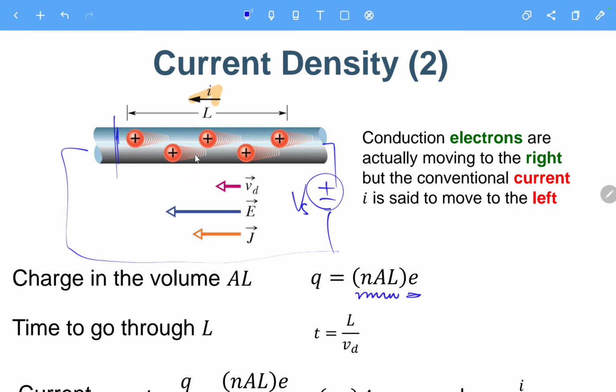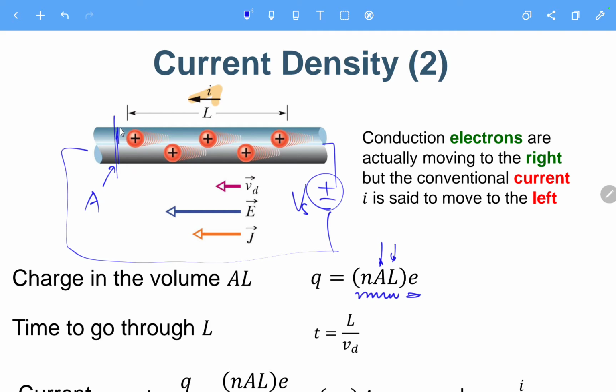So A is the cross-section area, and then this is the length. When we have the cross-section area A and multiply by L, the length of this segment, then it will be the volume of this cylinder.